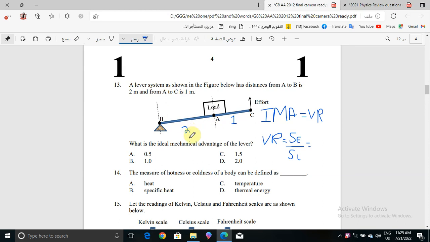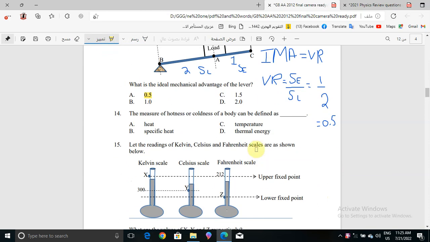So the distance of effort over the distance of load is 1 over 2, which is equal to 0.5. So the correct answer for question number 13 will be choice A.